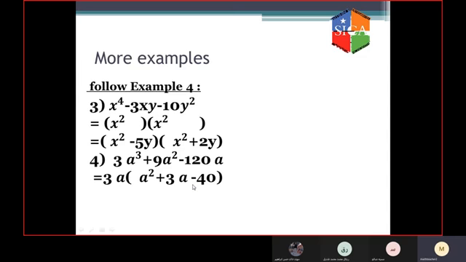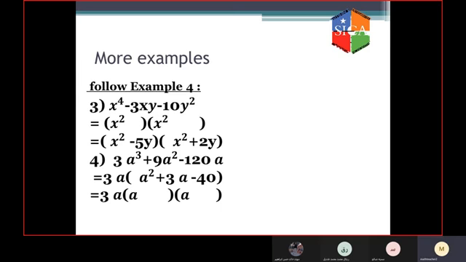We can factorize it into two parentheses as we learned before: a times a. We search for two numbers whose product is 40 and whose difference is 3.